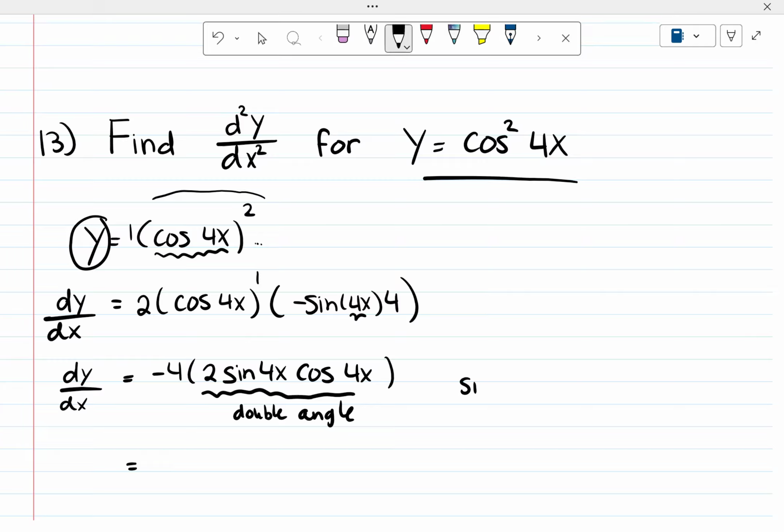Did you know that sine of 2x is the same thing as 2 sine of x cosine of x? And did you also know that 2 sine 5x times cosine of 5x is the same thing as sine of 10x?